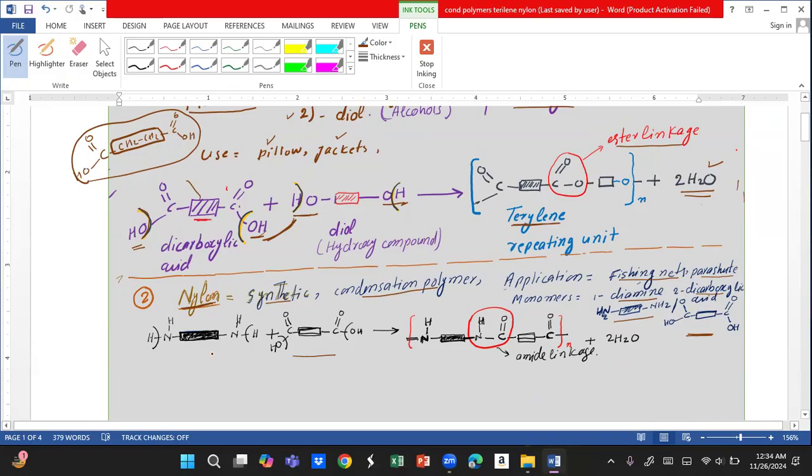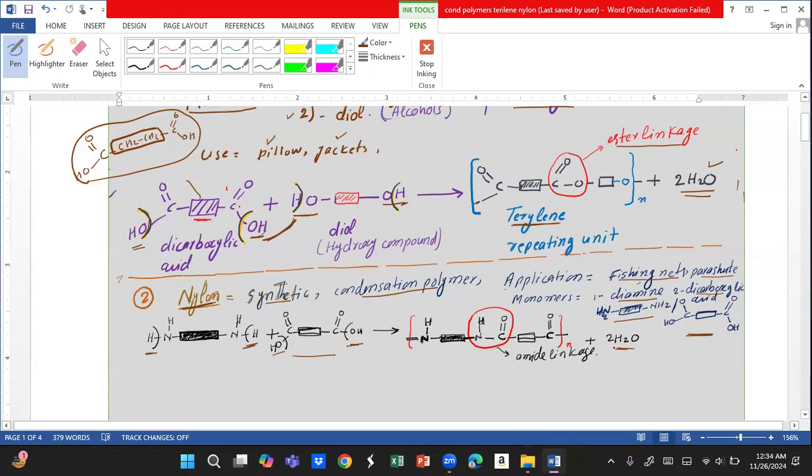When these two monomers combine, the combination will stay the same. In this case, hydrogen from NH2 and OH from carboxylic acid will give us a water molecule. Now, in the center, this hydrogen from this NH2, which is the amino group, will combine with the OH group from the carboxylic group to make another water molecule.